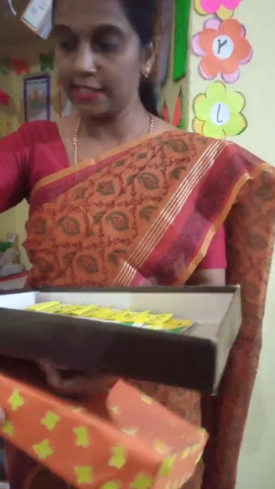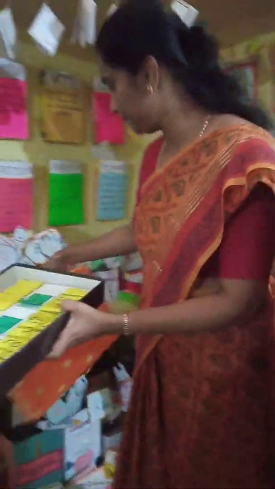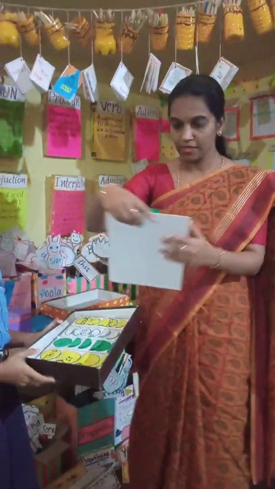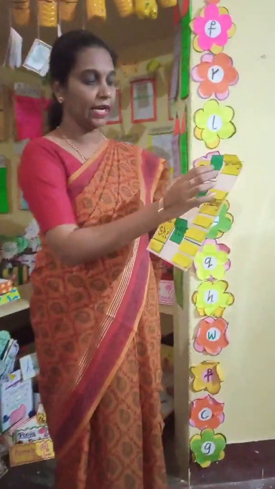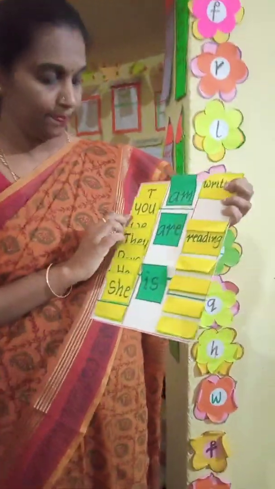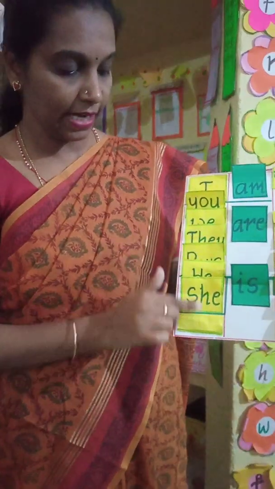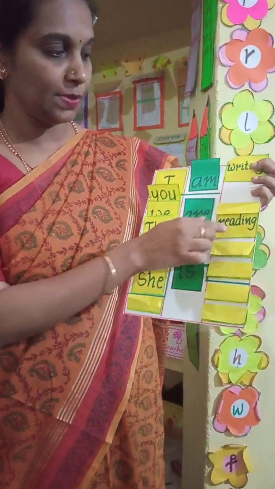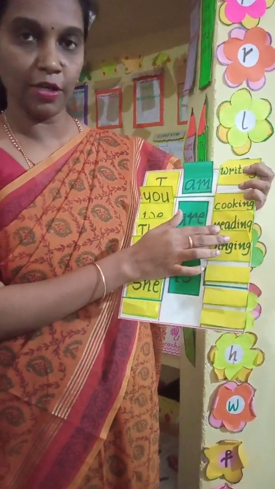This is also a box, and inside this box, can you please help me? This is a sentence box. So inside this, I have tried to make the substitution table. So you can see here, there are many plurals stuck here, and these are the helping verbs and these are the verbs.